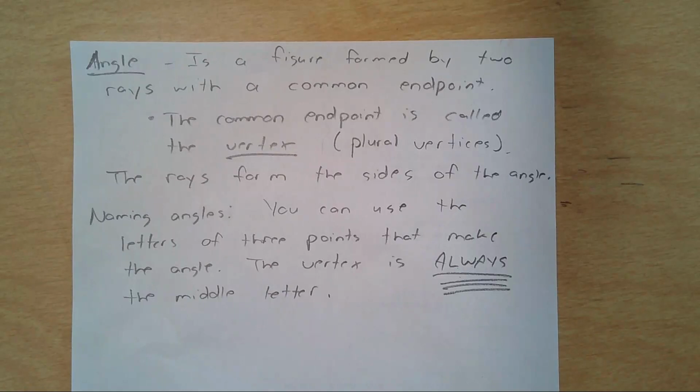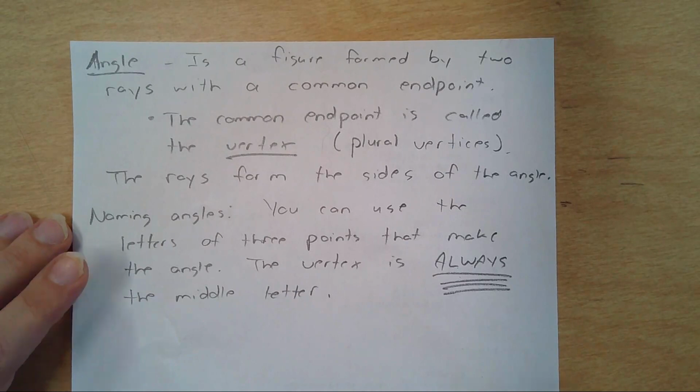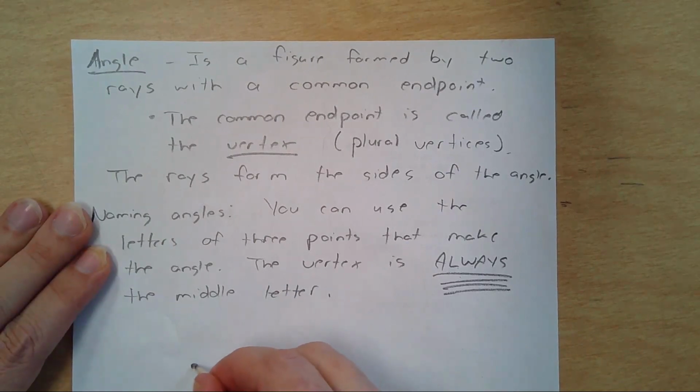Sometimes angles will be represented by numbers, which is not something we really see in this lesson, so we can deal with that at a later point. But I'm going to draw one out here.